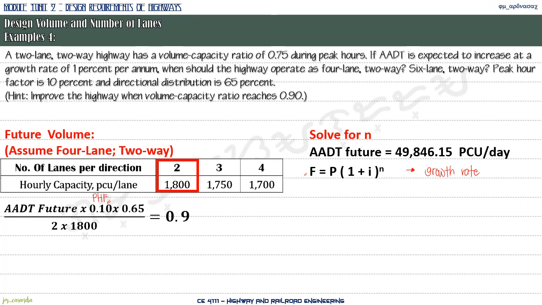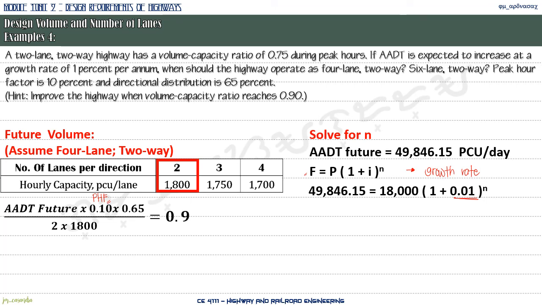So we are given the growth rate of your AADT per annum. So for this, we now substitute our future and our present. We'll have 49,846.15 is equal to 18,000 times (1 plus the growth rate 0.01 or 1% per annum) raised to n.